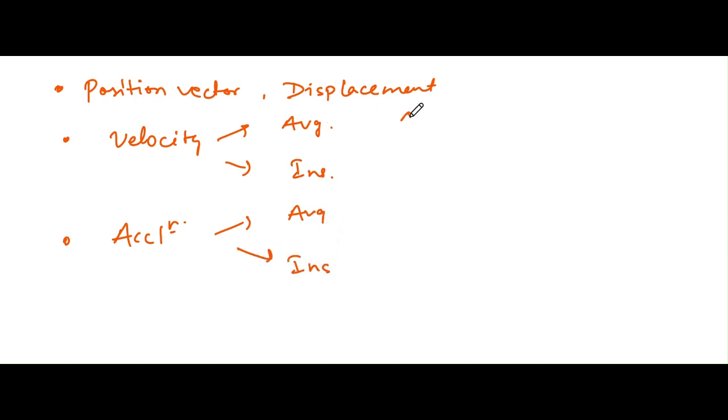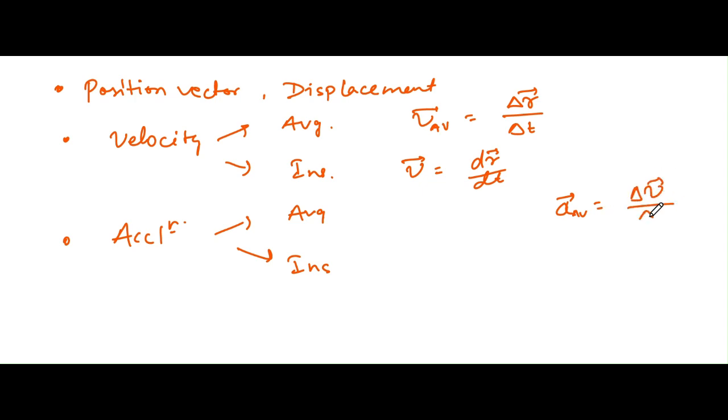So in case of average velocity, this is displacement vector by time, and for instantaneous velocity, it was dr by dt. In the same way, average acceleration, let's say acceleration av, was change in velocity by time interval, and instantaneous acceleration, which we simply write without any subscript, is dv by dt.